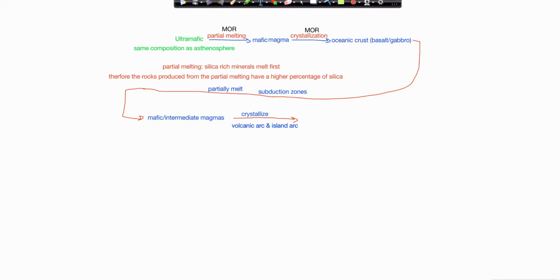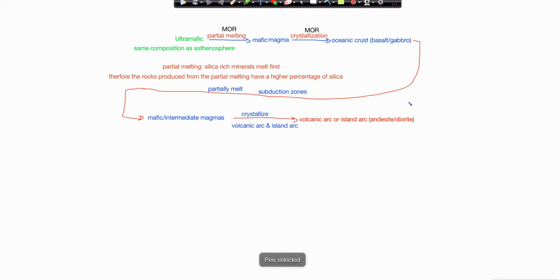These volcanic arcs are then going to be andesite or diorite, because remember some of the magma will crystallize below the surface, below the volcanoes, and those will be diorite. The one that gets ejected onto the surface will form into andesite.